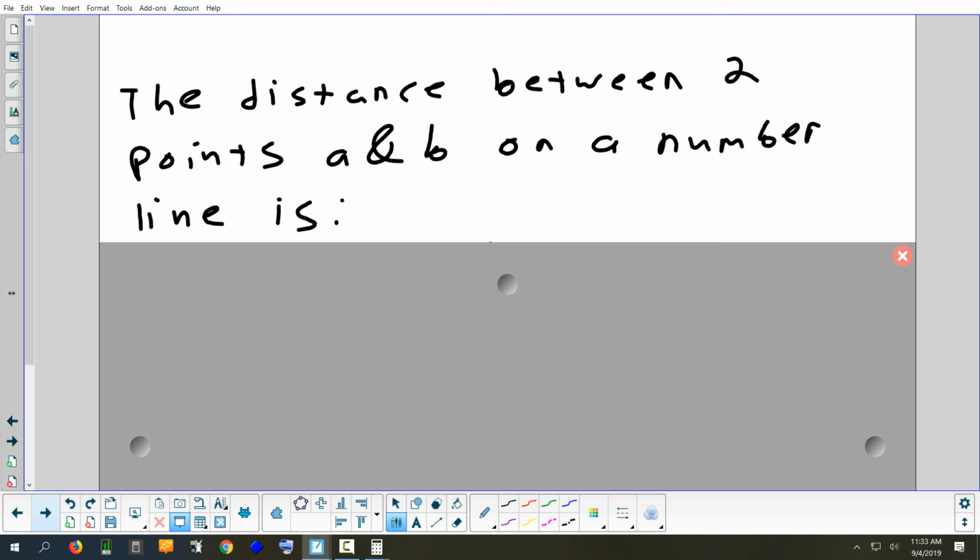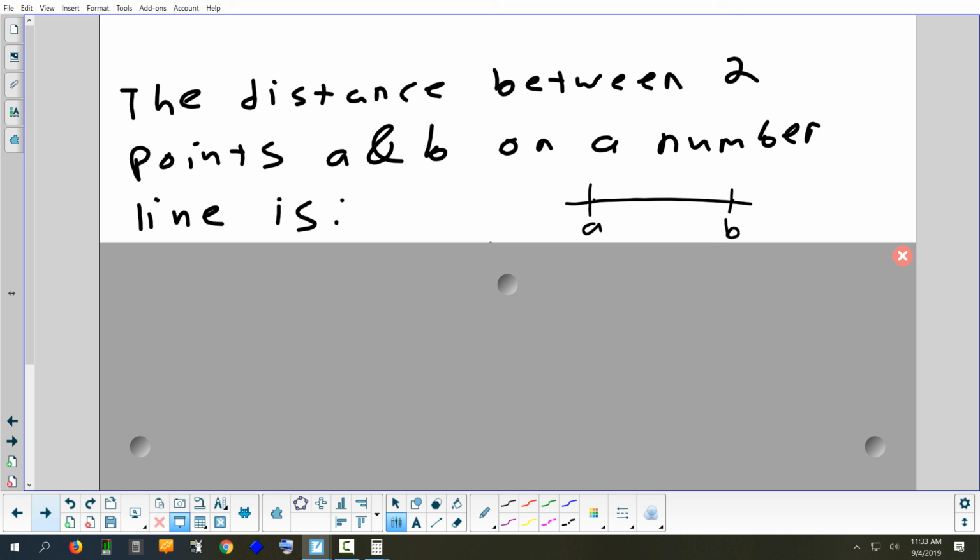Let's say we got a point here we'll call A, and a point here we'll call B. And I want to know how far apart it is from A to B. What could you do with A and B to figure that out?